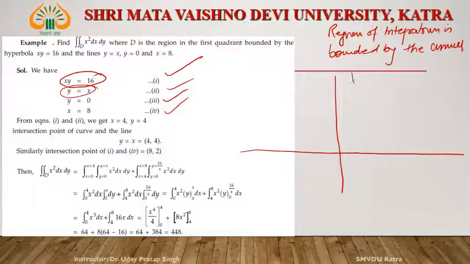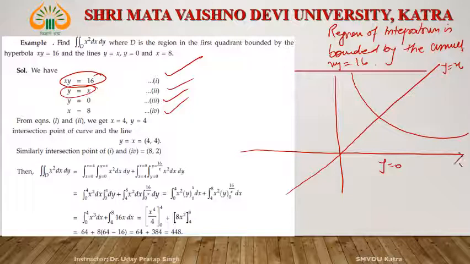See, this is xy equal to 16. Now y equal to x, and y equal to 0. This straight line is y equal to x, and y equal to 0 means the x-axis.